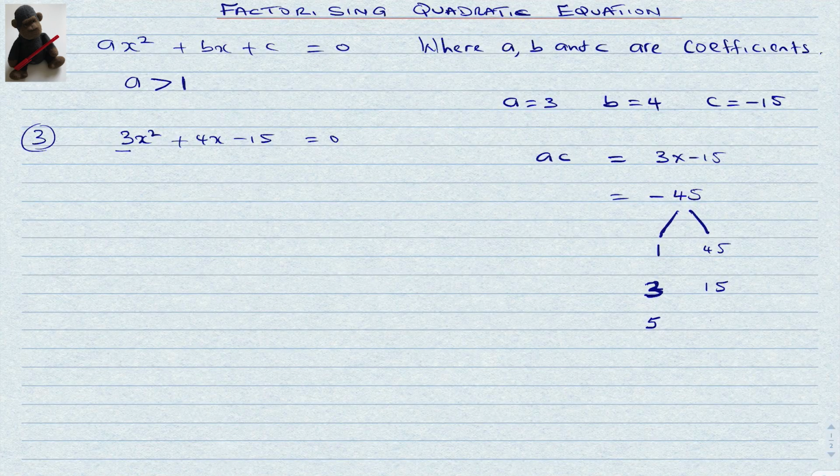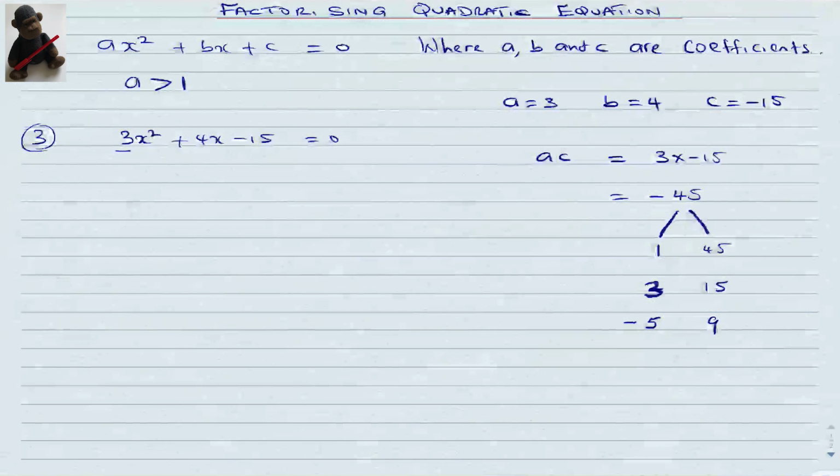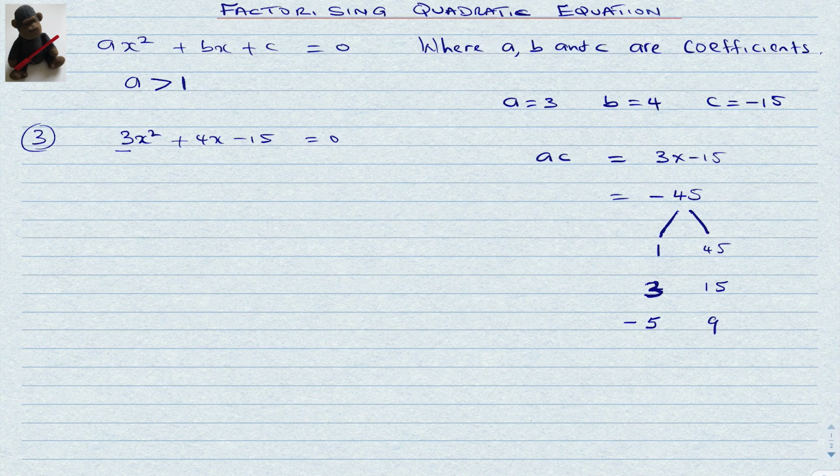5 and 9. So 5 and 9 would work, because if we put minus in front of 5 and plus in front of 9, that should do it, because minus 5 plus 9 is basically 4.